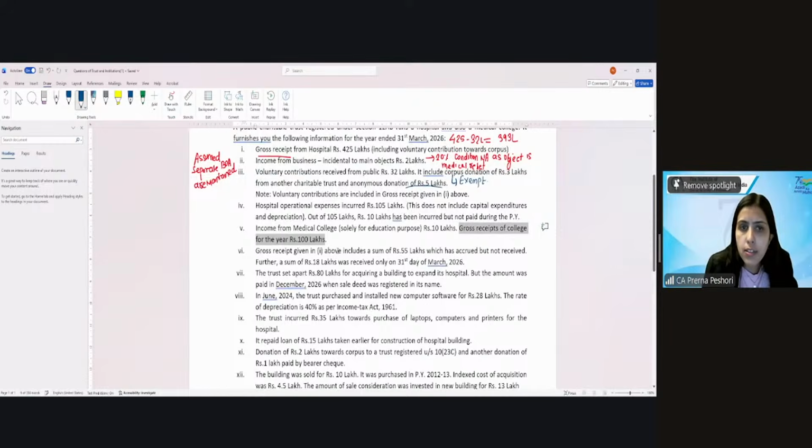Next is gross receipt given in one above includes a sum of 55 lakh which has accrued but not received, and a sum of 18 lakh was received only on 31st day of March 2026. Yes?